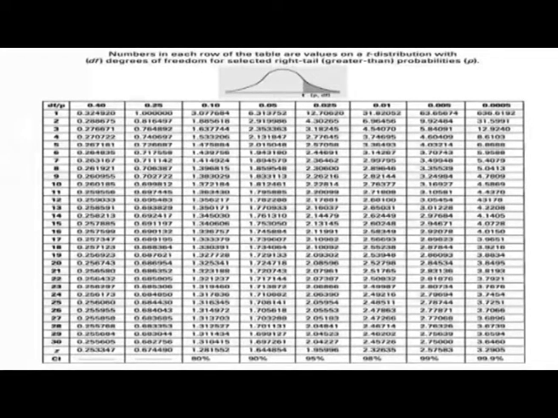If your value is less than 1.72, at both the levels 5% and 1%, you will be accepting the null hypothesis. If your value is more than 2.5, then at both 0.01 and 0.05, you are rejecting the null hypothesis. But if your value lies between 1.72 and 2.51, then for p equal to 0.01 you are accepting the null hypothesis, but for p equal to 0.05 you are rejecting the null hypothesis.